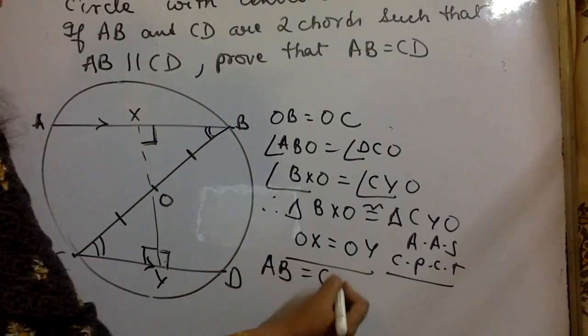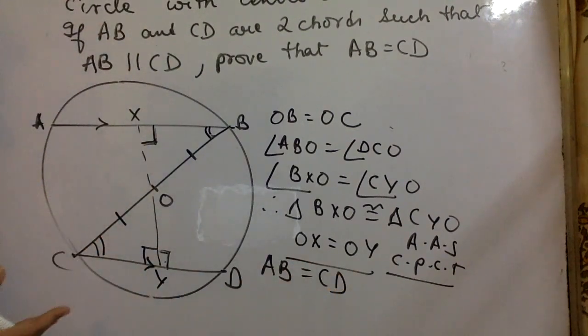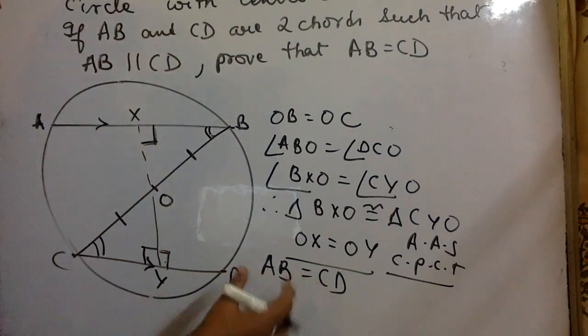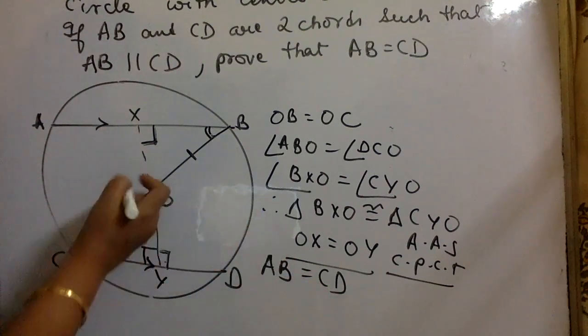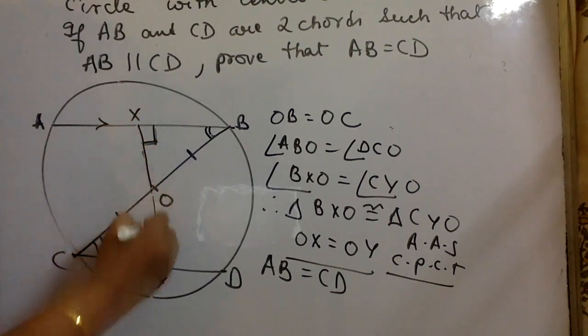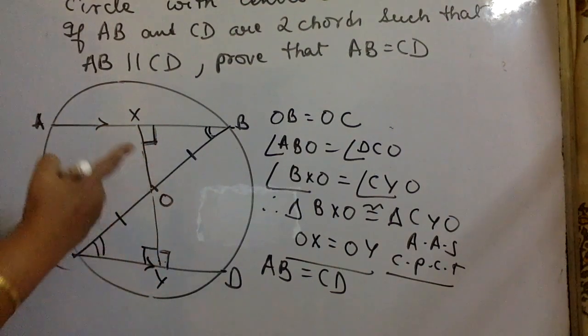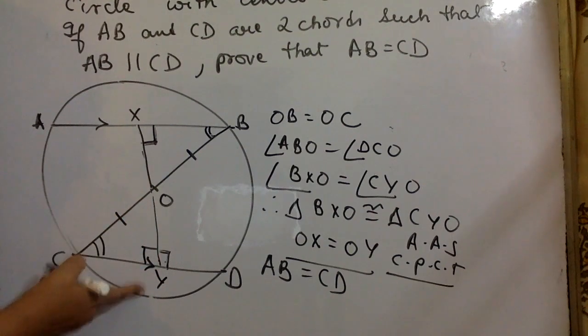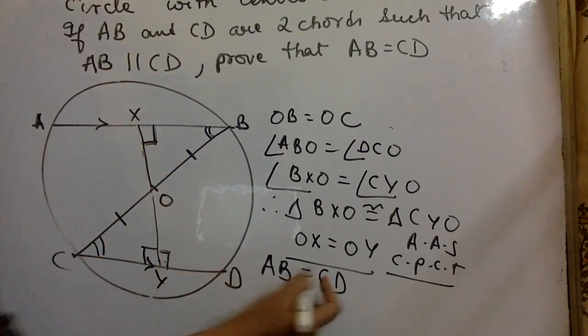AB is equal to CD. Why can I write it straight like that? Because the distances of the chords from the centers are equal. So OX was the distance from the center and OY was also the distance from the center. Hence AB is equal to CD.